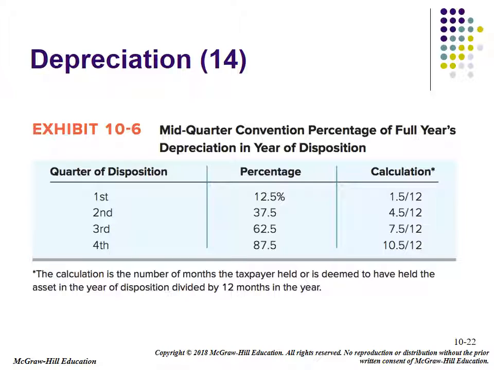If you sell it in the third quarter, you get 2 quarters, which is 6 months and 1.5 months. That's where the 7.5 comes from. And if you sell it in the fourth quarter, you get 10.5 months of depreciation. So this is what you use when you are selling an asset that used the mid-quarter convention, how you calculate depreciation in the year of disposition. Remember, if you buy it and sell it in the first year, there's no depreciation at all. So you don't have to worry about it.